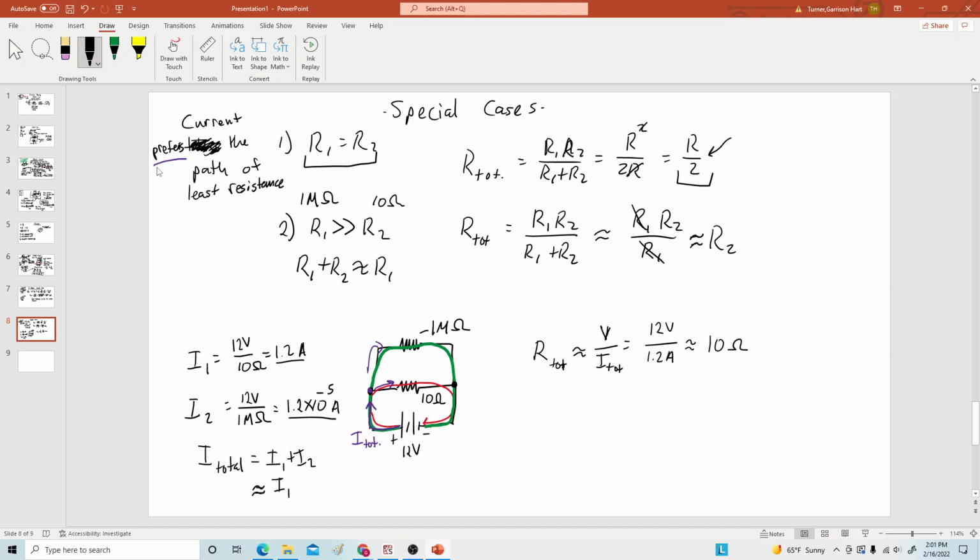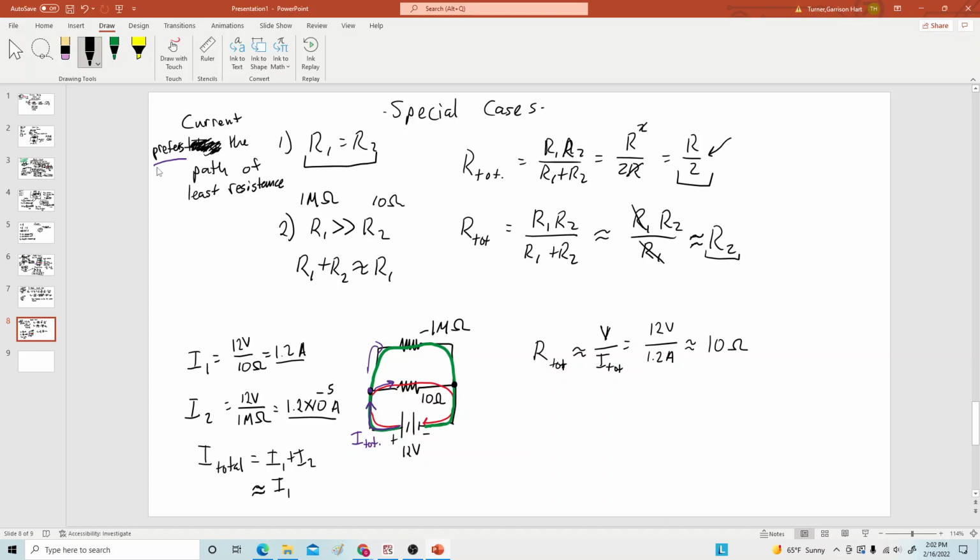And when one resistor is much larger than the other, that larger resistor doesn't draw very much current, so most of the current is forced through the smaller resistor, and hence the battery thinks that the equivalent resistance is just the value of the smaller resistor.